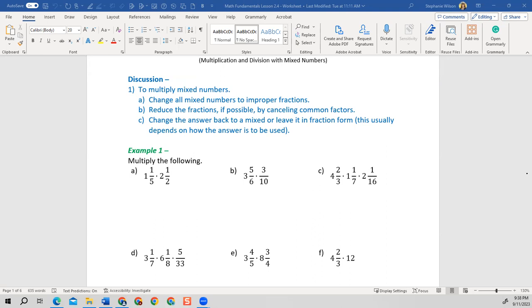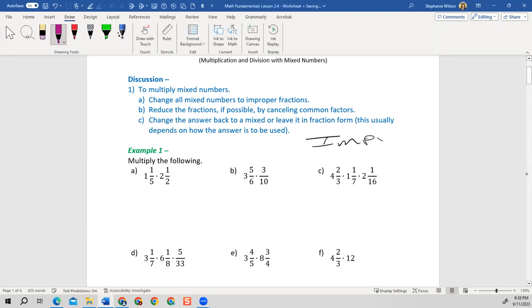So let's solve C. If you notice, I have mixed numbers being multiplied together. So the very first thing I want to do is turn them into improper fractions. Whenever I do that, I know that what doesn't change is the denominator, so I'm going to write the denominator down.